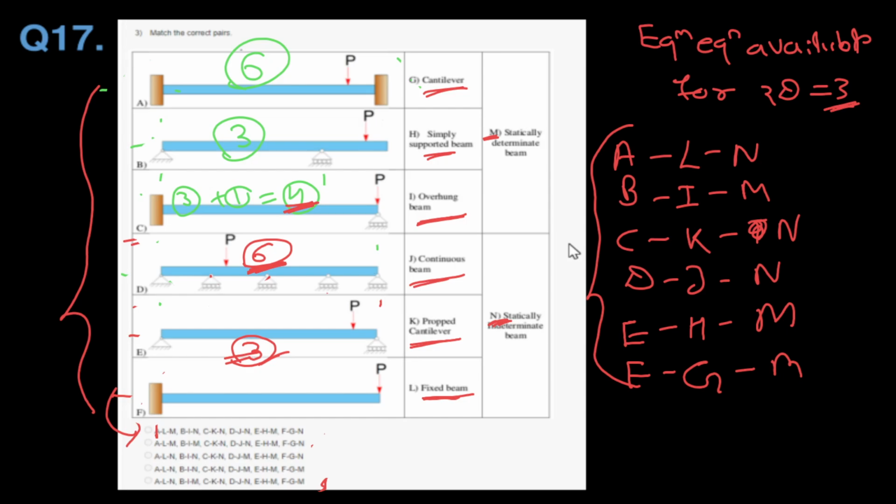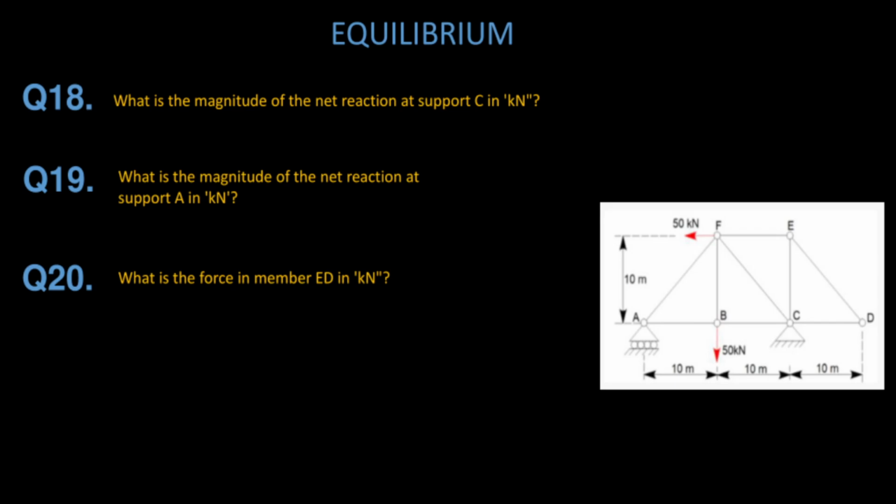Again you see this question 18, 19, 20. Okay, for this given structure, this truss, what is the question? What is the magnitude of the net reaction? He's talking about net reaction at the support C. This is the support C. Before that, can you see these are the two members not collinear to each other.